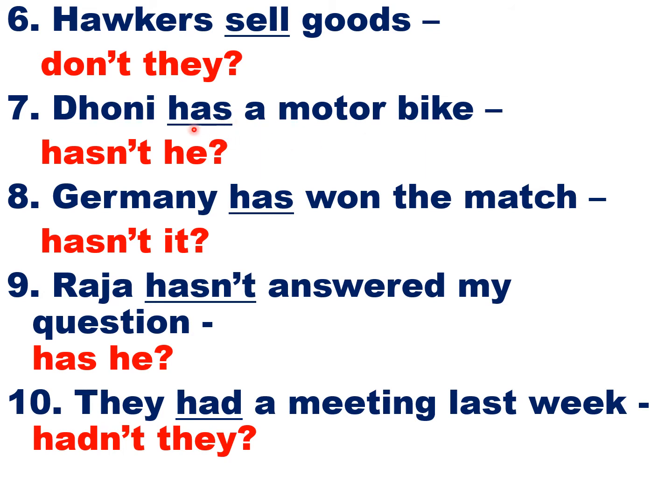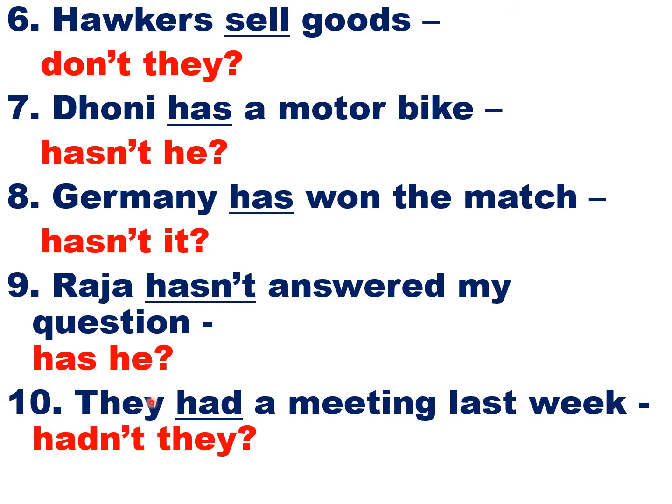Has, positive sense. So, hasn't he. Instead of Dhoni, we have to use the pronoun he. Germany has won the match. Positive sense. Hasn't it. Raja hasn't answered my question. As in negative statement, we must use a positive tag. Has. Instead of Raja, we must use the pronoun he.